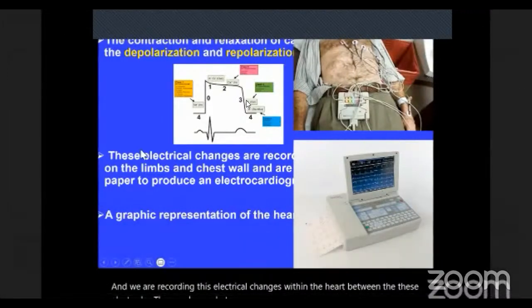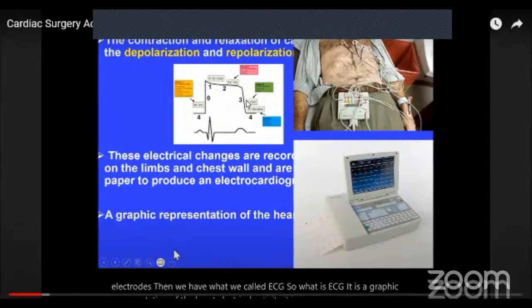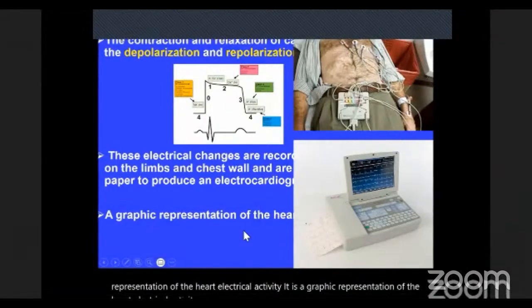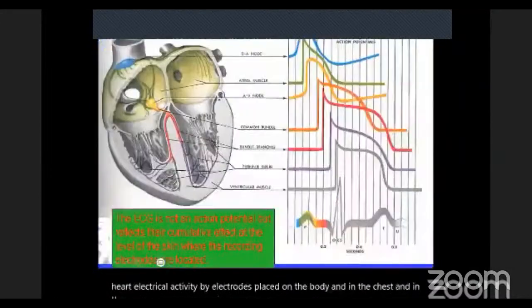So what is ECG? It is a graphic representation of the heart's electrical activity by electrodes placed on the body, in the chest and in the limbs.